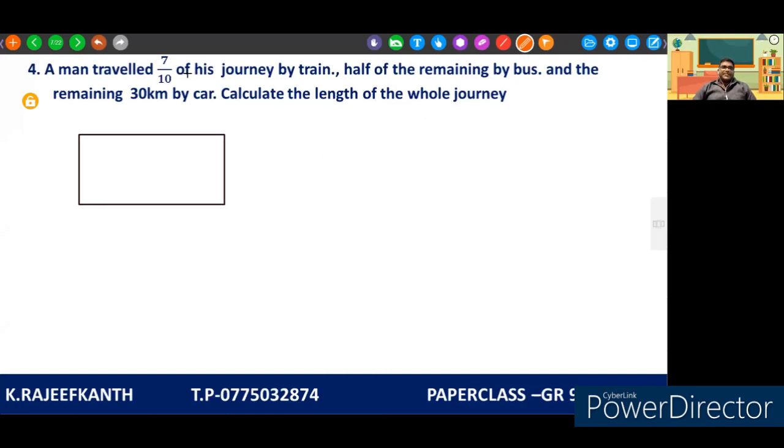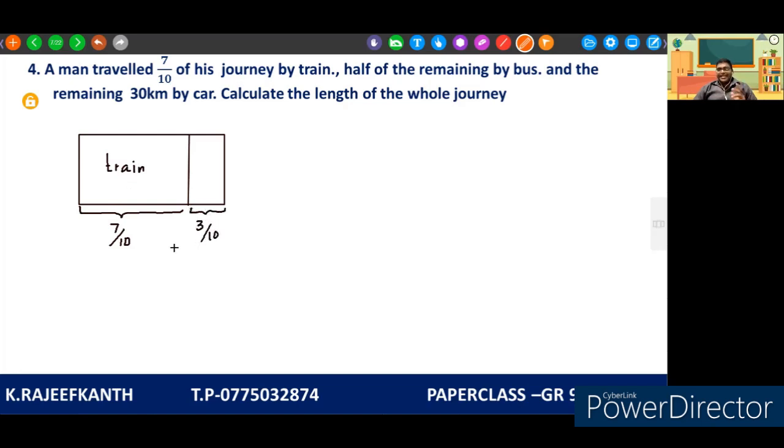Here, a man travels 7/10 of his journey by train. So by train, he is traveling 7/10. So this part is 7/10, right? This is train. Then the balance is 3/10, isn't it?